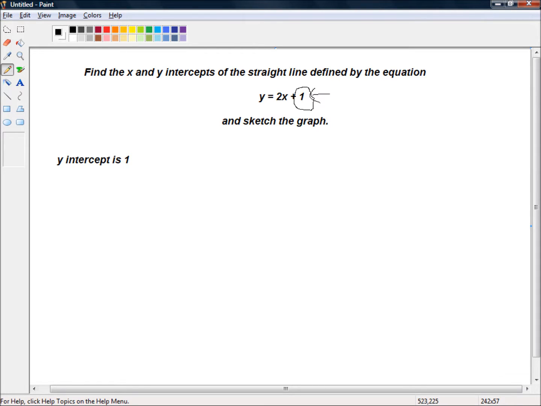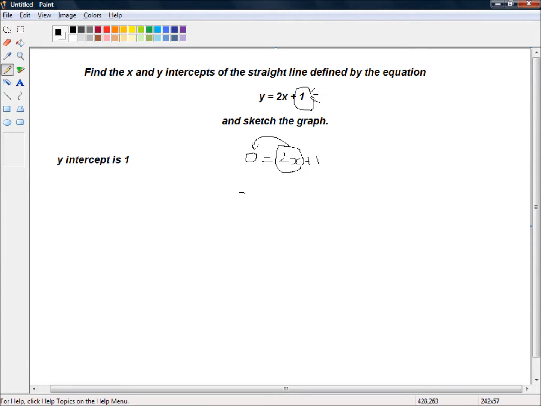Okay, the x-intercept is gained by setting y equals to 0. So to find the x-intercept, I'll have to set y equals 0. So 0 equals 2x plus 1. And now I need to solve for x. So I'm going to take this 2x and I'm going to pop that over to the left hand side.